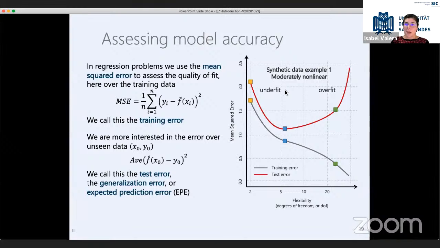On the other corner, our training and test errors are very similar, but this is a problem of underfitting, because if we increased the flexibility of the model a bit, we would do better not only in training but also in test. And actually, this is the cherry on the top.